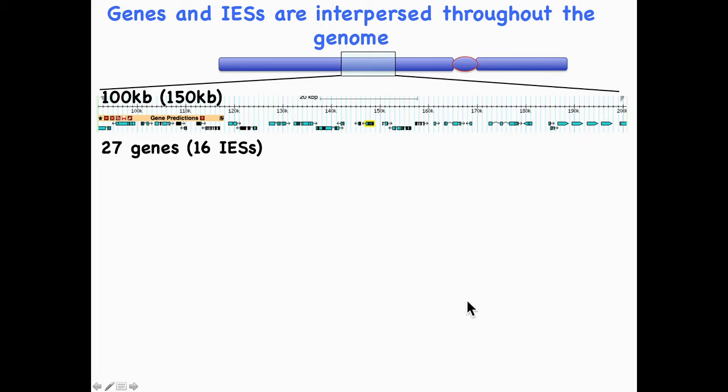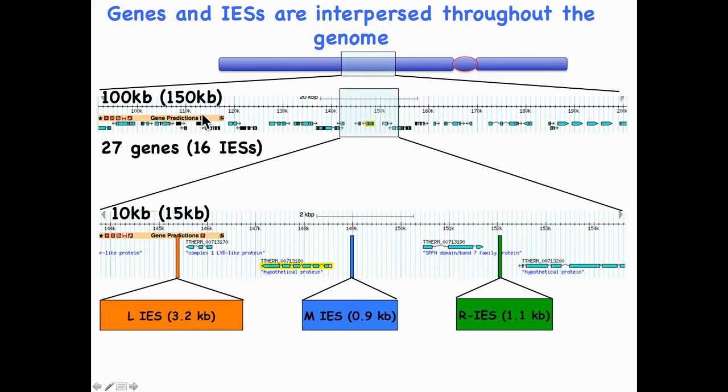If we look at a 100 kb region of the MAC genome, it's represented in the MIC genome as about 150 kilobases. This region that I've highlighted has about 27 genes, and in the MIC there are about 16 IESs interspersed.